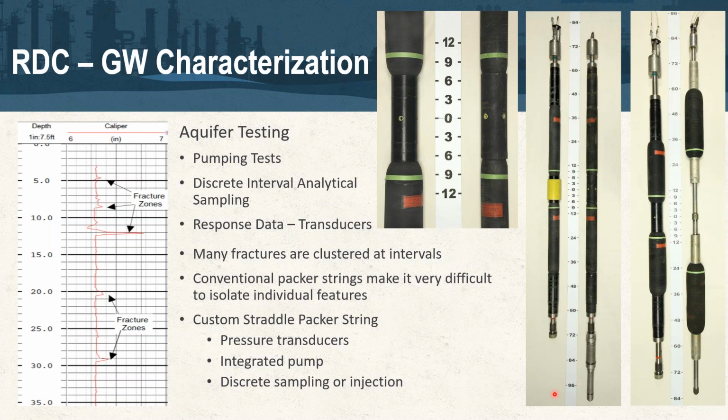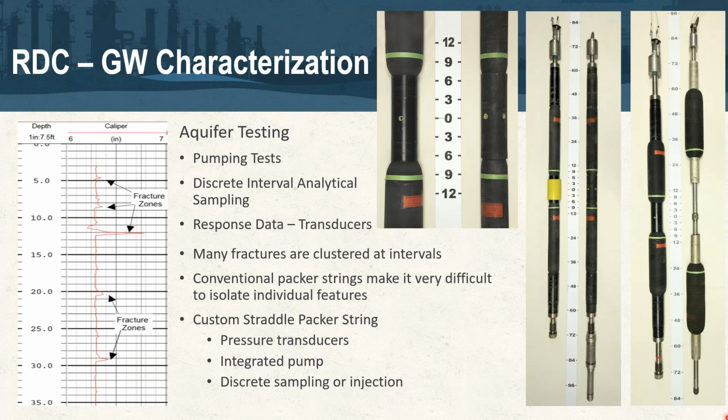Looking at the measurements here, the larger interval one is on the order of about 5 feet from packer shoulder to packer shoulder on the upper and lower elements, whereas the discrete interval packer is a much narrower interval.